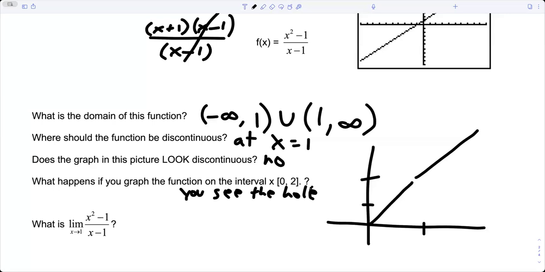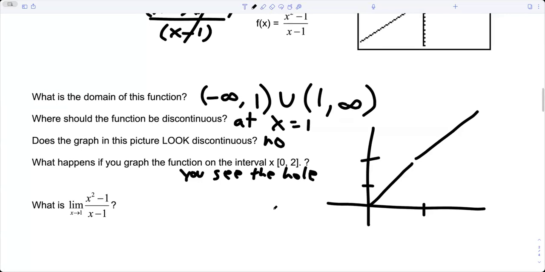Well, what is the limit as x goes to 1 of x squared minus 1 over x minus 1? This is what I call a type 2 limit.